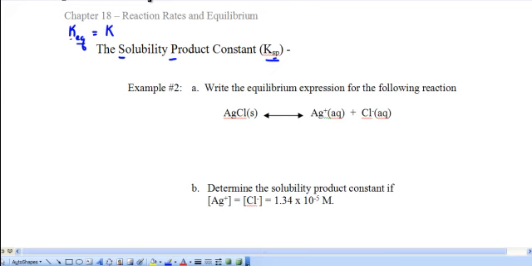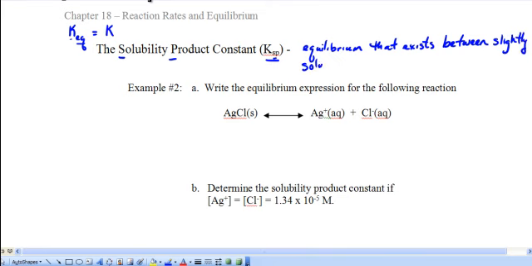Now, KSP. KSP is the equilibrium that exists between slightly soluble salts and the ions they produce in water.